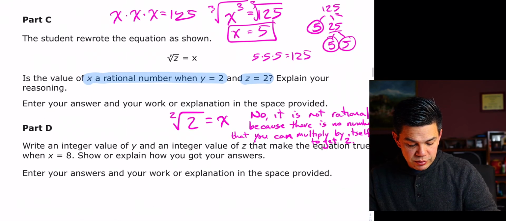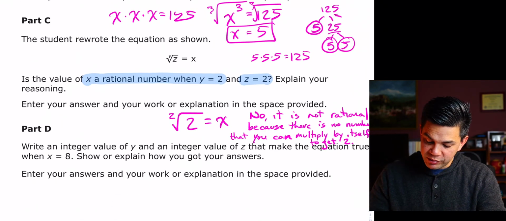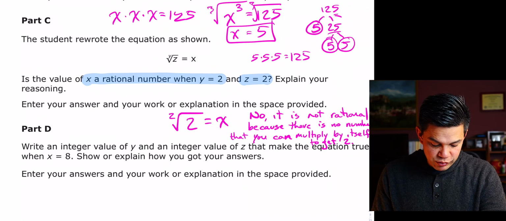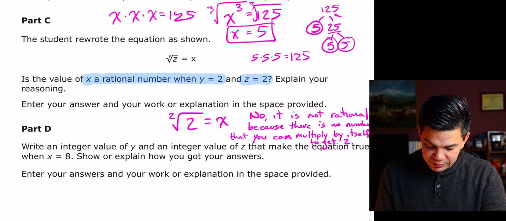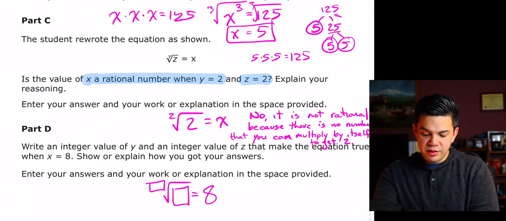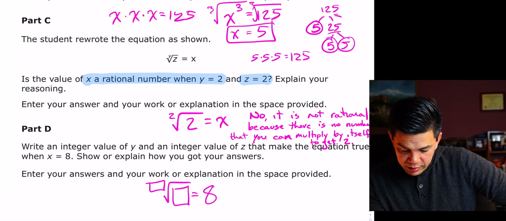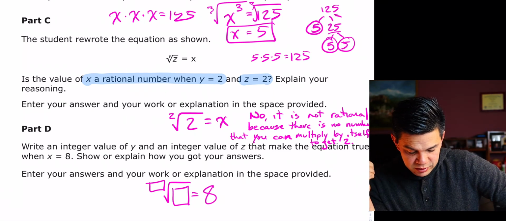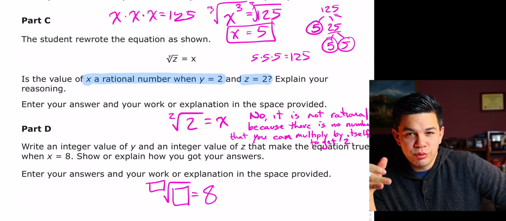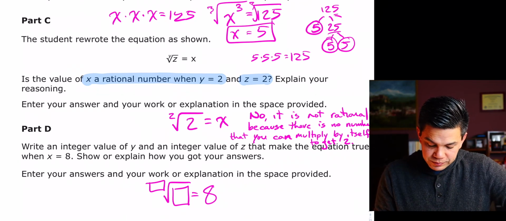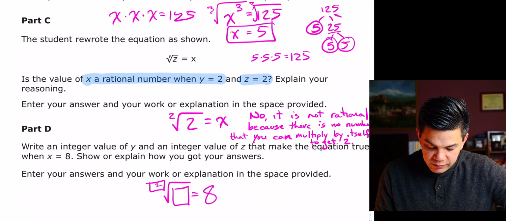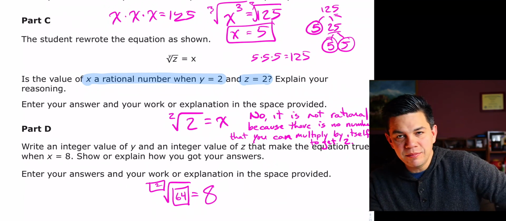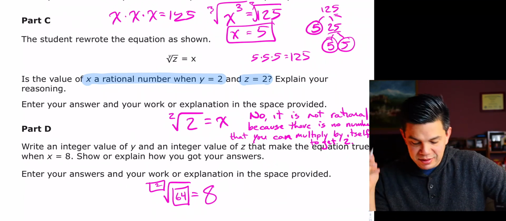Write an integer value of y and an integer value of z that makes the equation true when x equals 8. So we want to figure out this and this. Okay, not too bad. We just have to figure out the square root of something is 8 or the cube root of something is 8. You could do the square root of 64, which is 8, because 8 times 8 is 64.